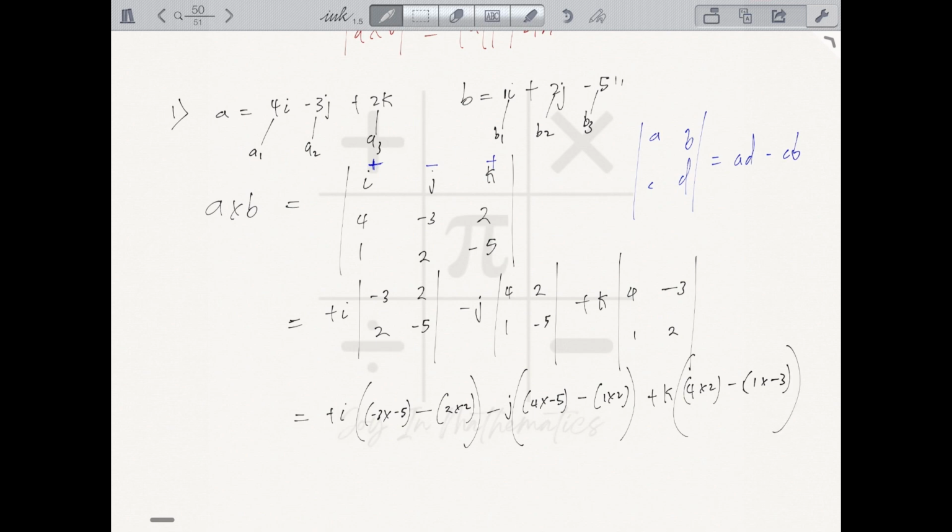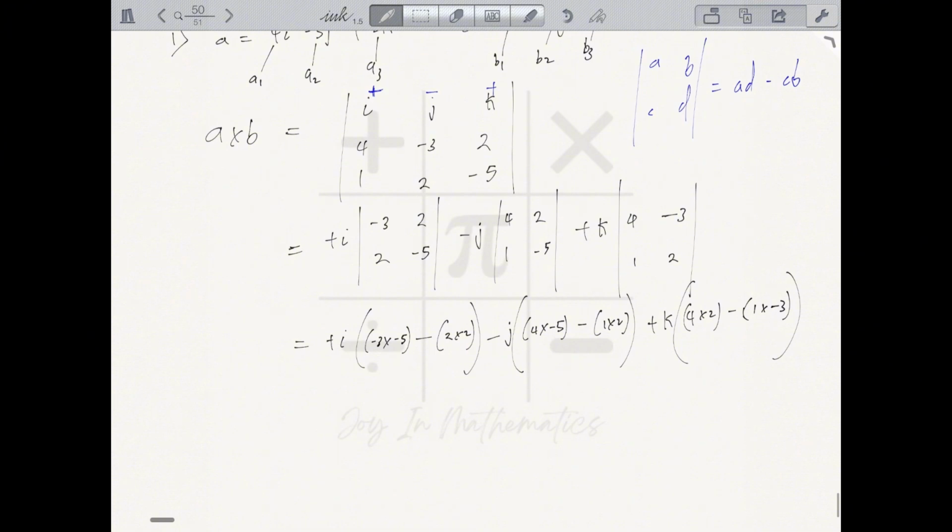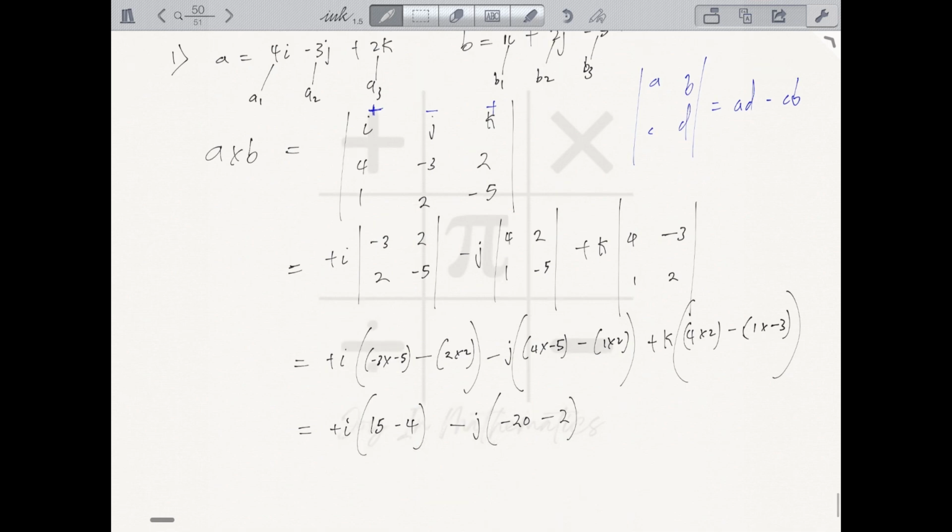Please, for more understanding, refer to the lesson video on matrices. Let's proceed. This will result in positive i into 15 minus 4, minus j into minus 20 minus 2, plus k into 8 minus 3.